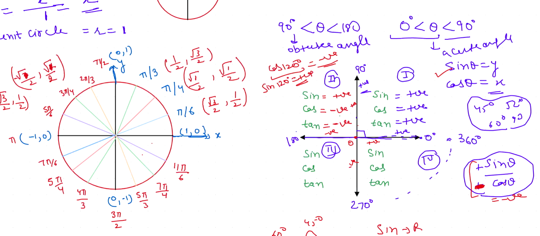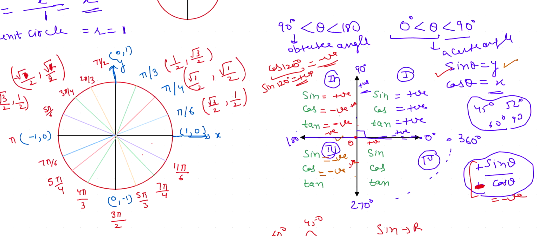In third quadrant, both x-axis and y-axis are negative. So sin theta is also negative in this case, because this is minus y. Cos theta is represented by x, which is negative. So you will get the value of cos theta also negative.